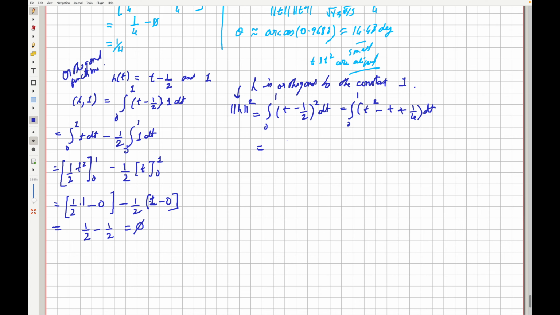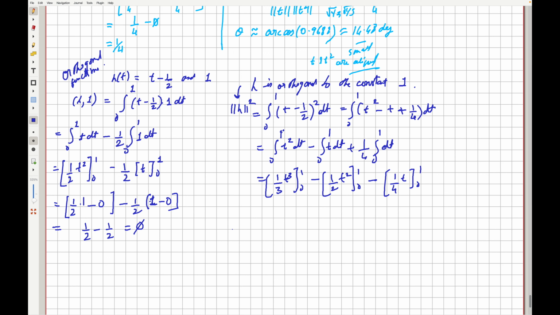So the first part becomes the integral from 0 to 1 of t square dt, minus the integral from 0 to 1 of t dt, plus 1 by 4 times the integral from 0 to 1 of dt, and this becomes 1 by 3 t cube from 0 to 1, minus 1 by 2 t square from 0 to 1, plus 1 by 4 t from 0 to 1.